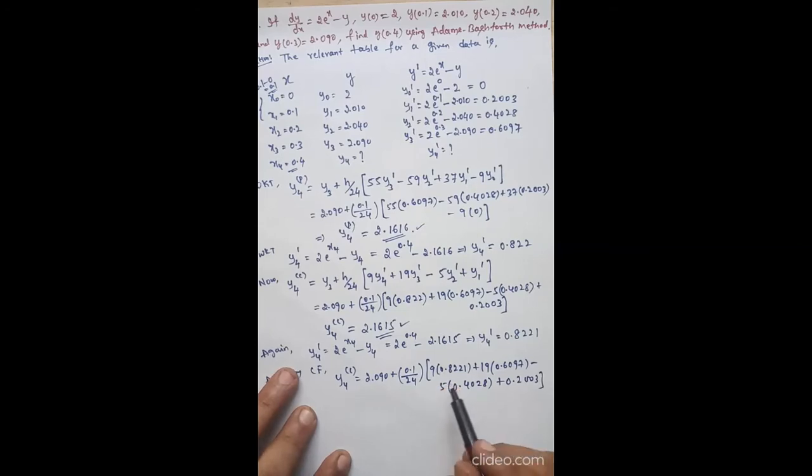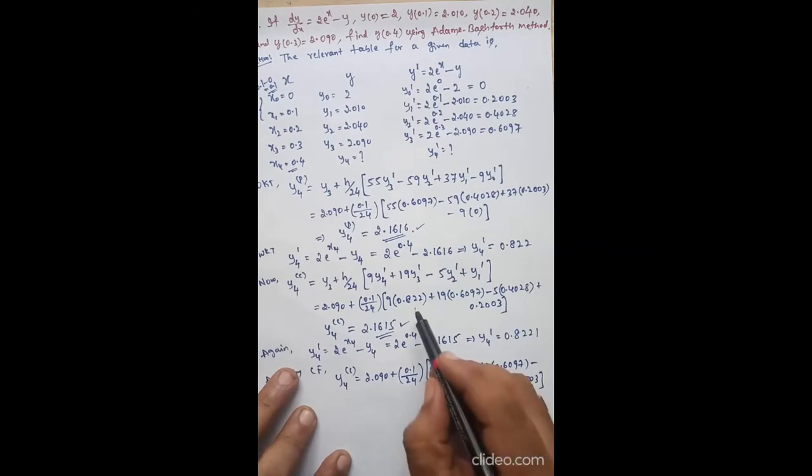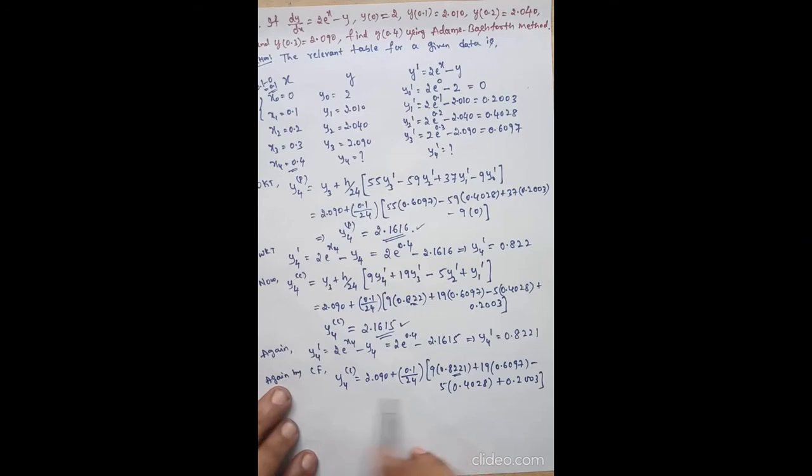So just this value is changed. See this. Now use your calculator and find out the answer of this. So this comes around 2.1615 only. The same answer will come. So the value should be repeated.